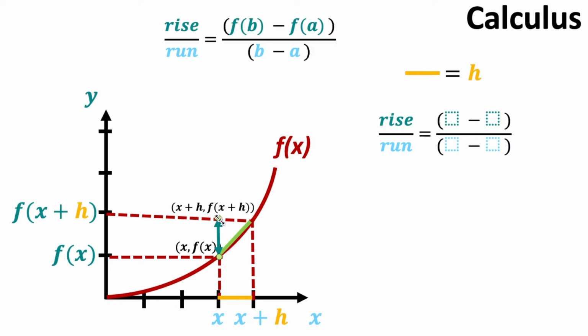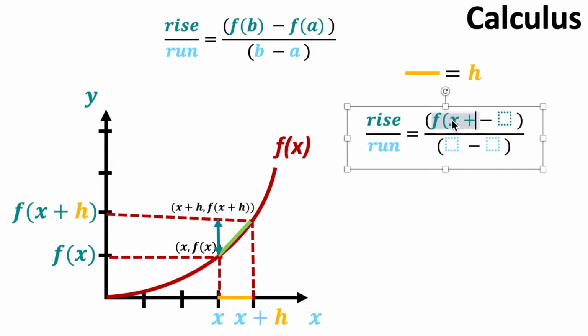So this is our increase in the y. And we can see here the larger value is f of x plus h. And then if we remove f of x, we get the difference between the two. So we can write that down: f of x plus h, which is our larger value, minus f of x.